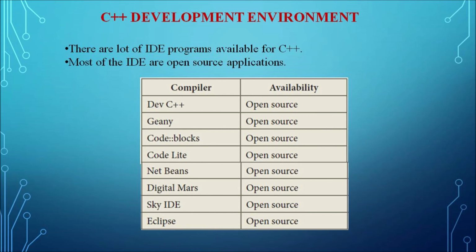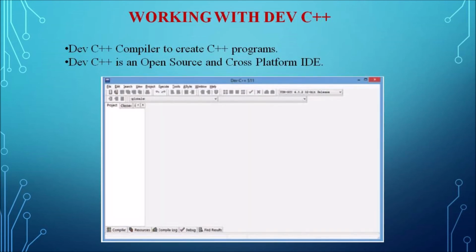All these are open source IDEs. Most commonly Dev C++ is used, and most companies use NetBeans and Eclipse, and based on their comfort zone, the user will choose the IDE. So this is all about the C++ development environment.